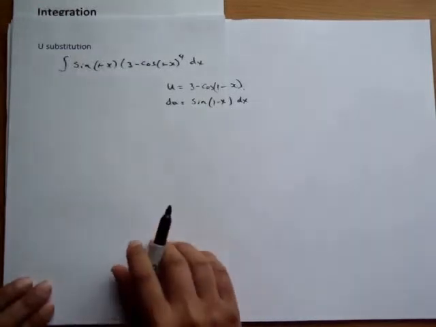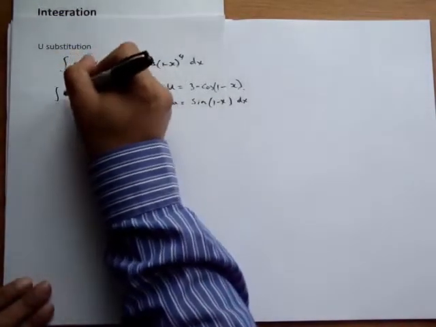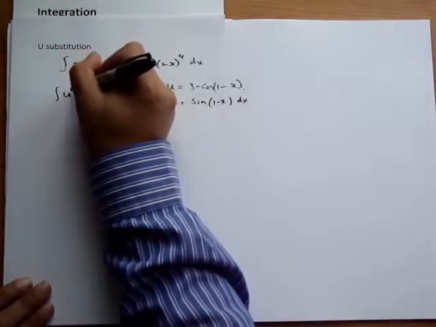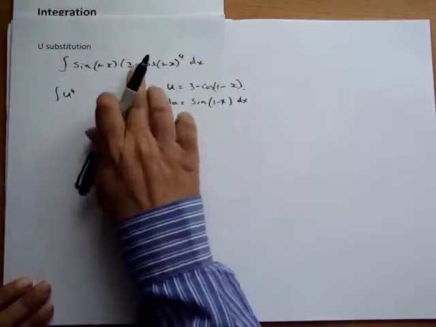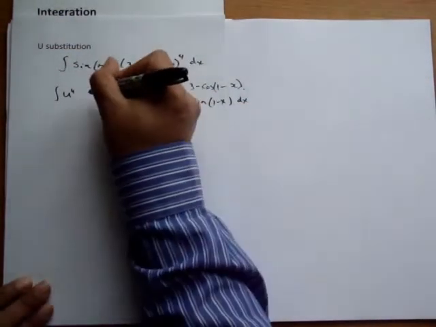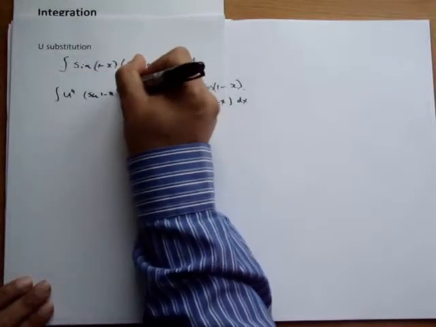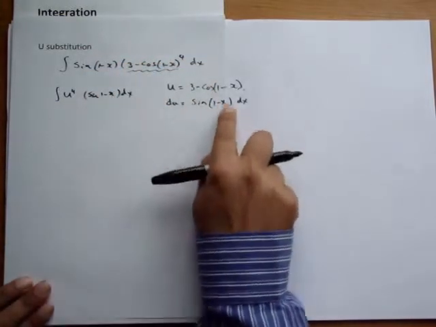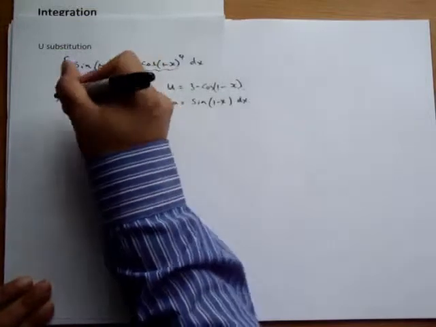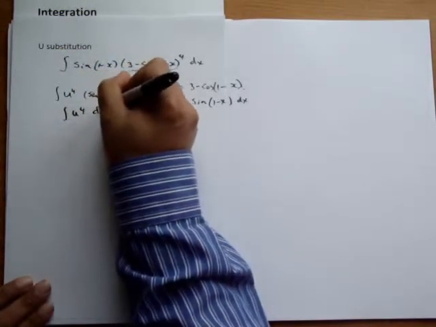So the integral then becomes all u to the power 4, sine 1 minus x dx. Sine 1 minus x dx is nothing but du, so this becomes the integral of u to the power 4 du.